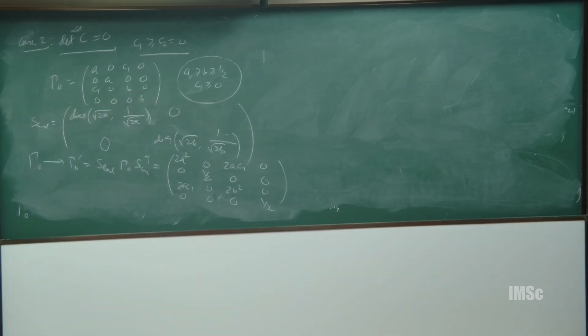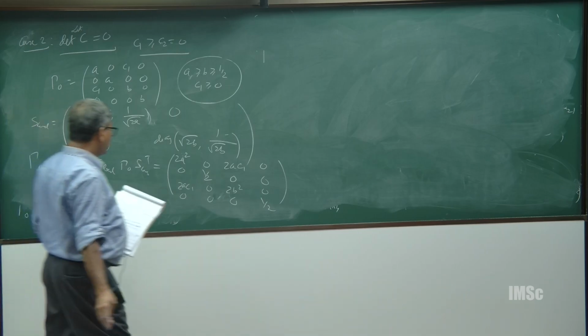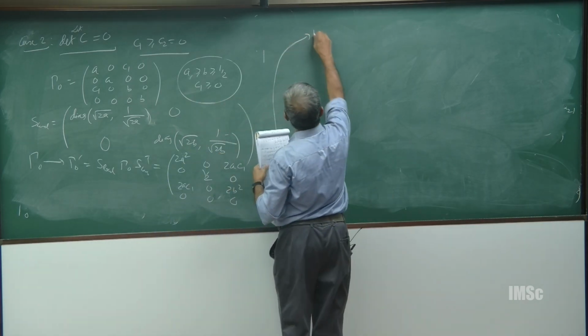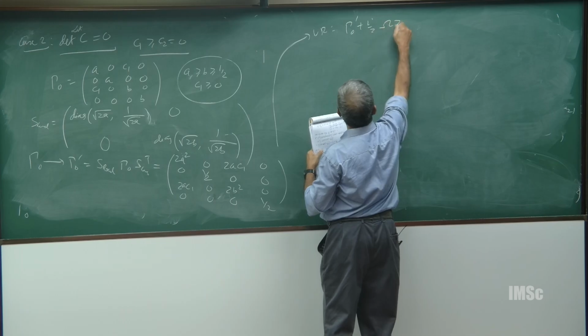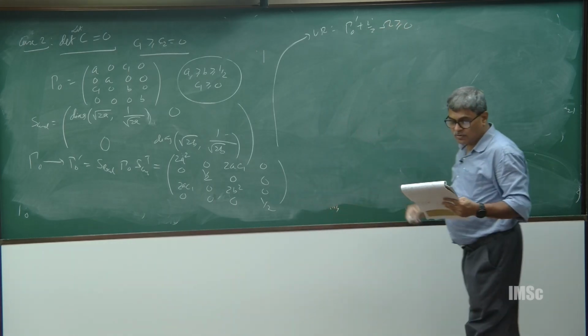And then what you do is you perform... So, now you look at the uncertainty relation. Okay. So, for this, if you look at the uncertainty relation, gamma 0 prime plus iota by 2 omega greater than equal to 0, this is your uncertainty relation.